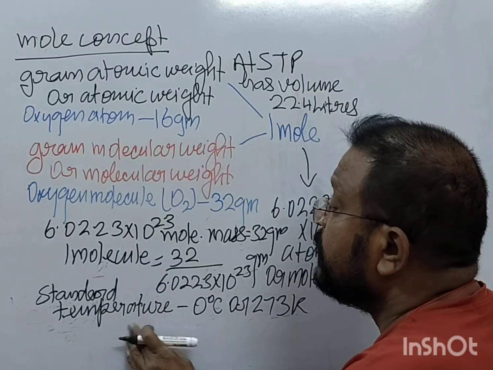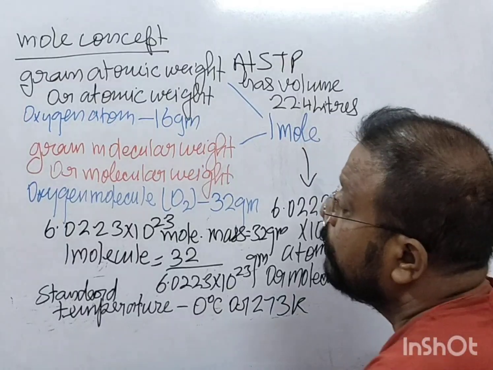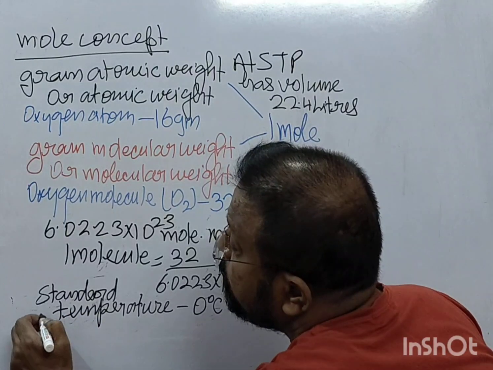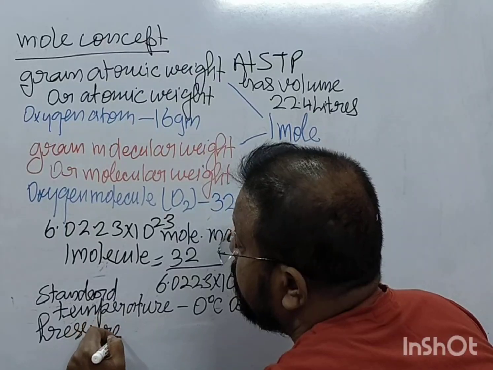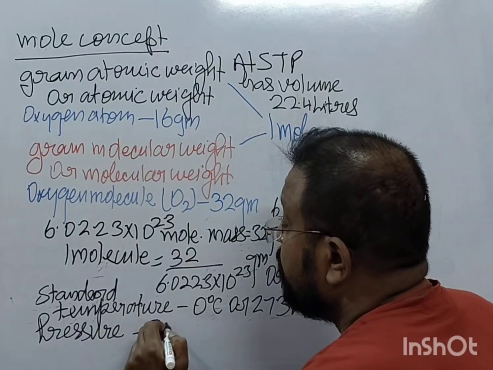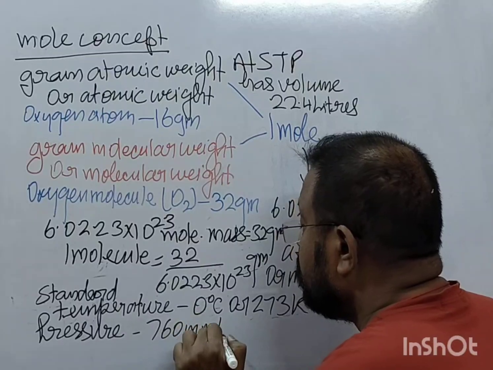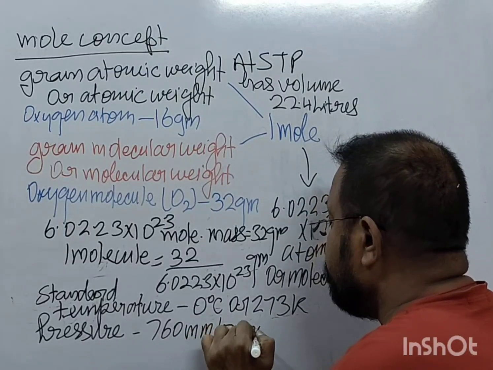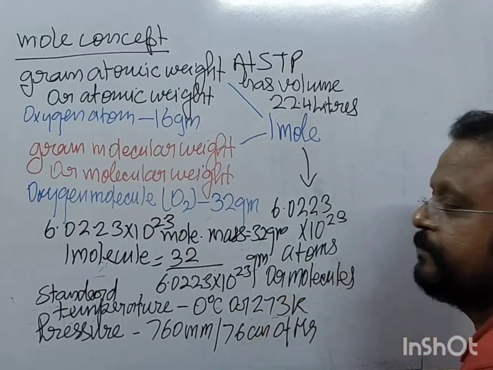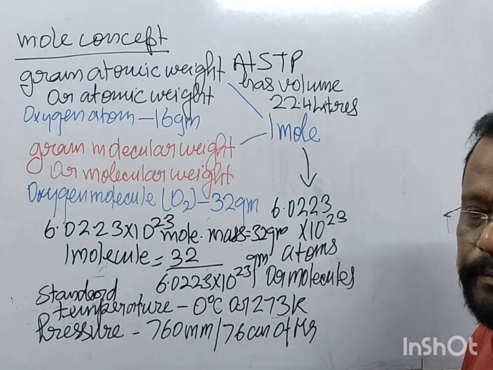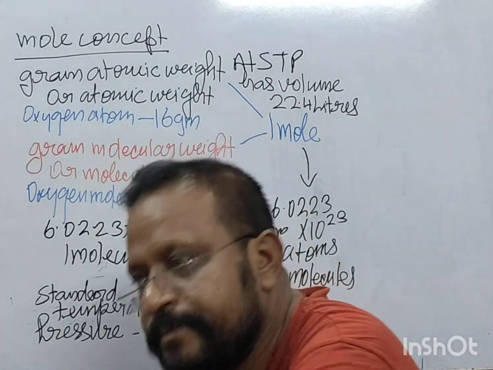And its pressure is equal to 760 millimeter or 76 centimeter of Hg, mercury. We get this, right? So you understand this?